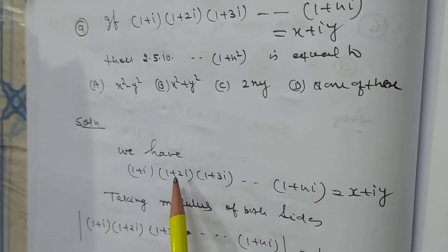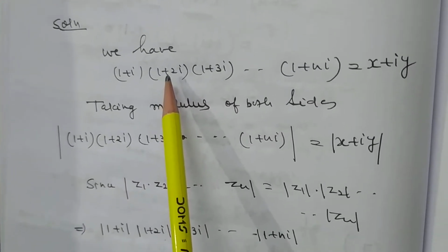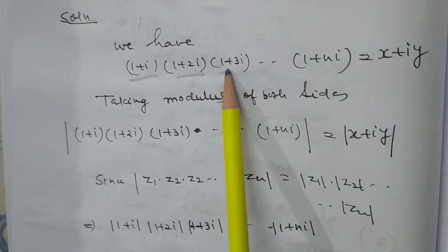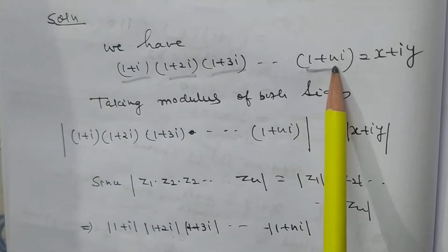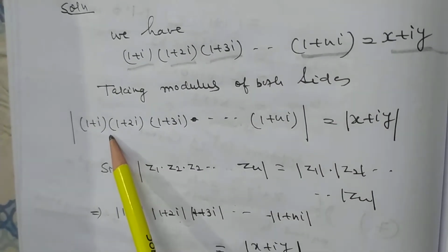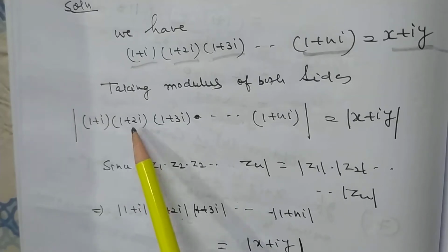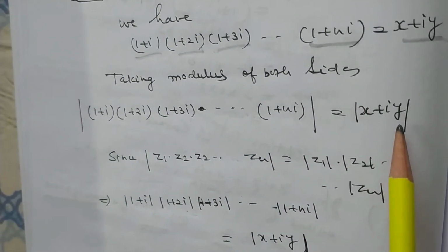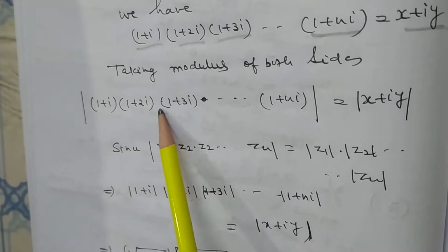My dear student, here we will apply a property. Here 1 plus i, 1 plus 2i, 1 plus 3i, into 1 plus ni, and so on, is x plus iy. Taking the modulus of both sides, we have the modulus of the left-hand side, and on the right-hand side also the modulus of x plus iy.